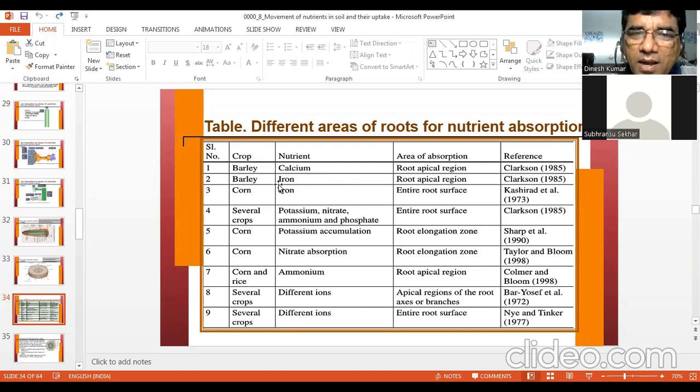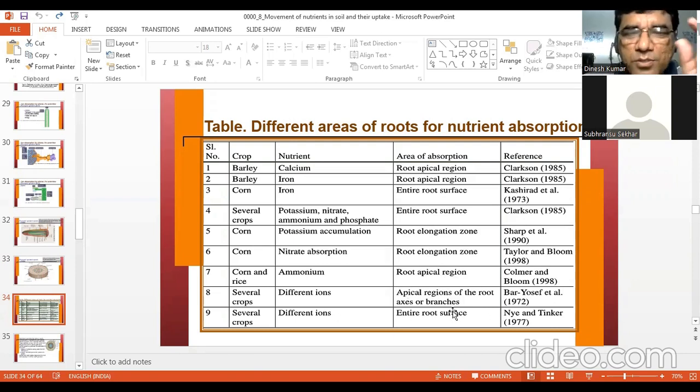For barley, for iron uptake, the root apical region. For corn, iron, it is the entire root surface. For several crops, potassium, nitrate, ammonium, phosphate, the entire root surface, root elongation zone, root apical region.